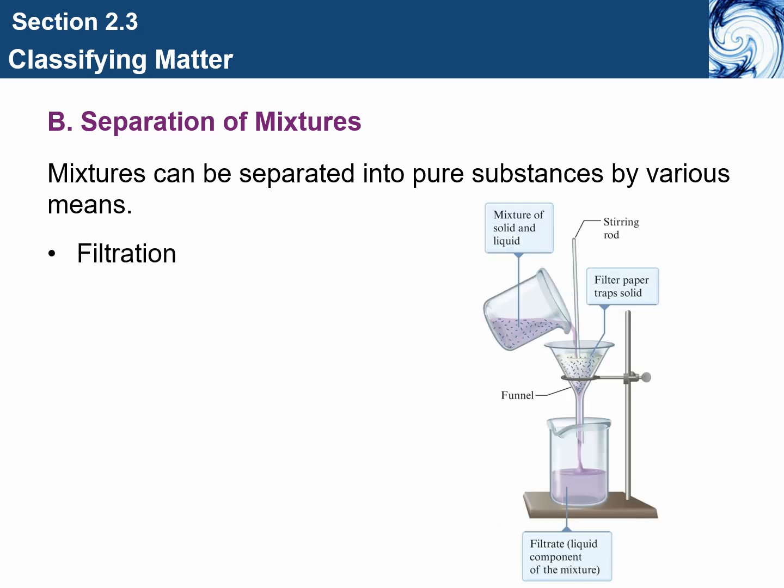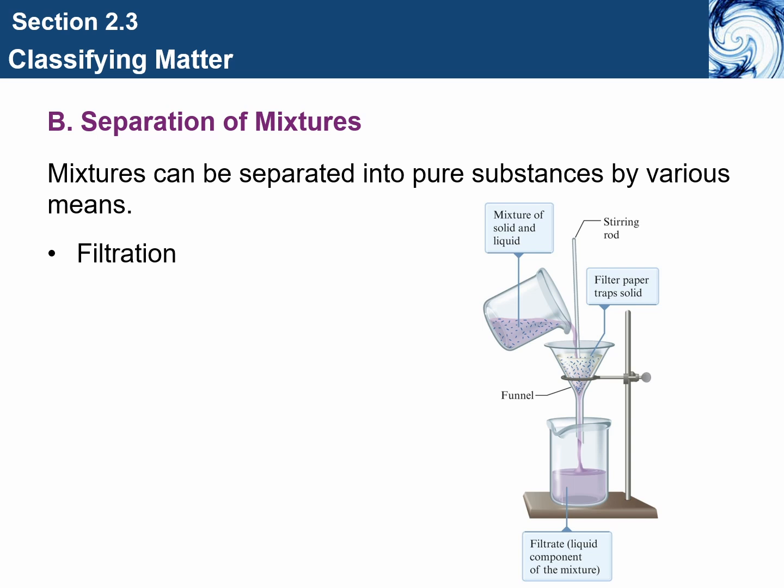The last form of separation of mixtures is filtration. Filtration in this diagram shows that a mixture containing both a solid and a liquid is poured into a funnel lined with filter paper. The filter paper traps those solid particles, whatever they may be, because they're too large to pass through its openings.